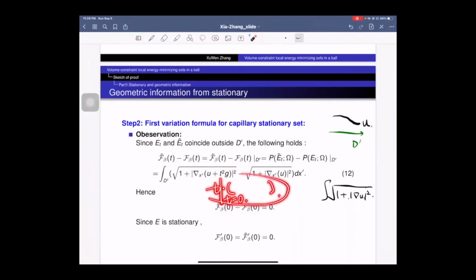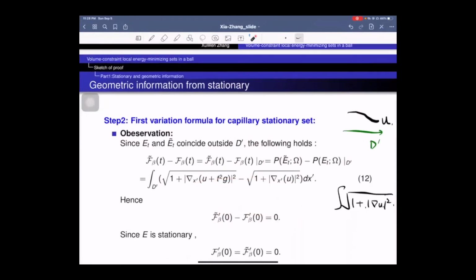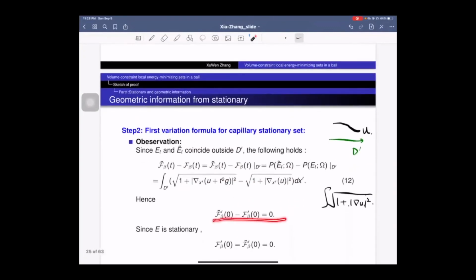So this guy always vanishes, and we will have that this holds. And since E is stationary, for any admissible sets, the free energy's first derivative must be 0, which means that the original set's free energy's first derivative is also 0.